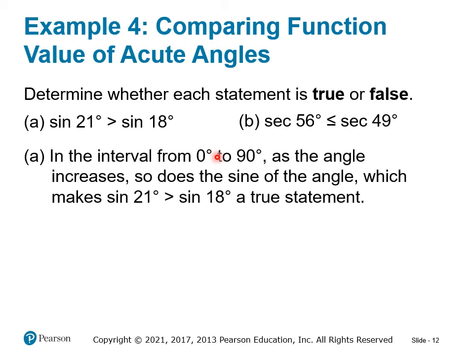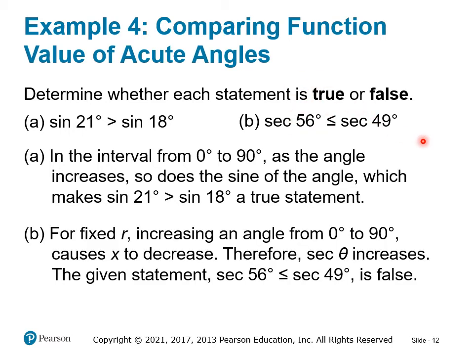Remember that secant, which is the reciprocal of cosine, gets smaller as the angle gets bigger, so secant gets bigger as the angle gets bigger too. But here we see that the larger angle is less than, so in part B, this is false.